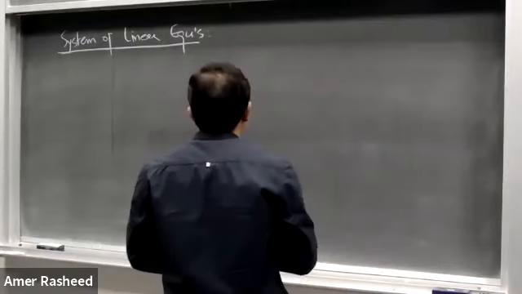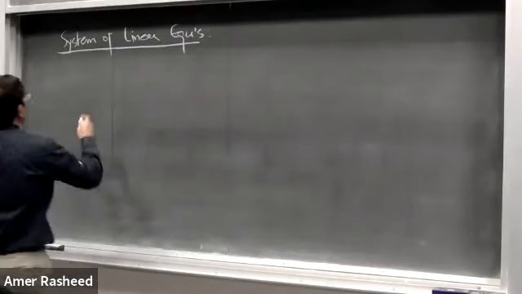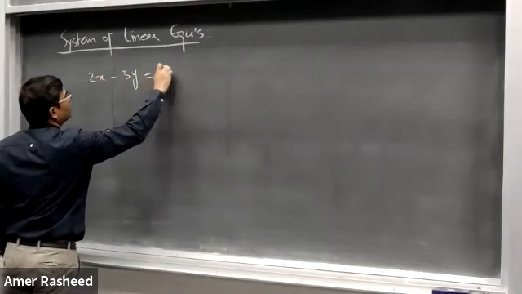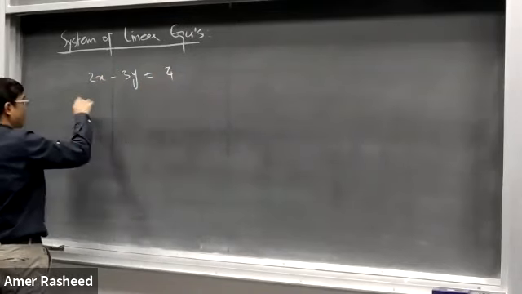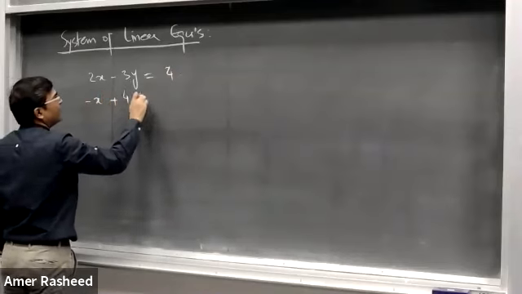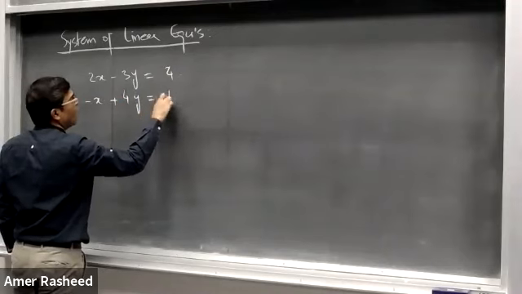For example, I can write here 2x minus 3y is equal to maybe 4, and another equation minus x plus 4y is equal to maybe 1.